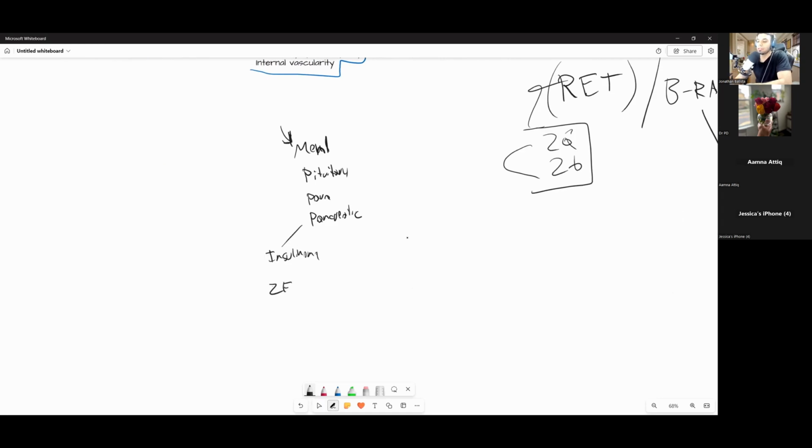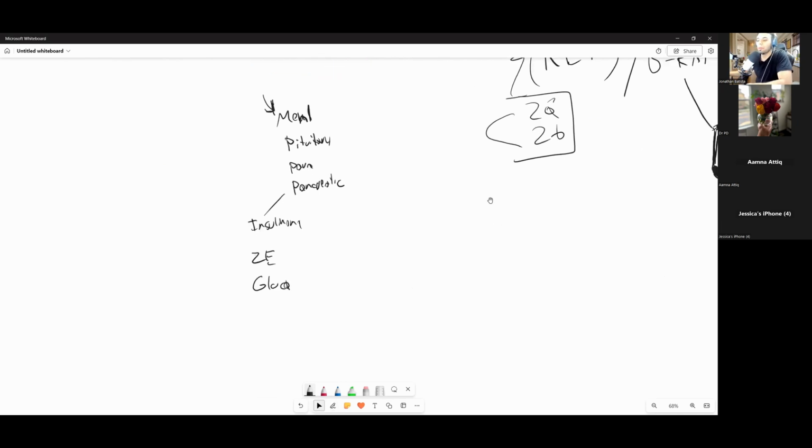There can be many different types, VIPoma, somatostatinoma as well.